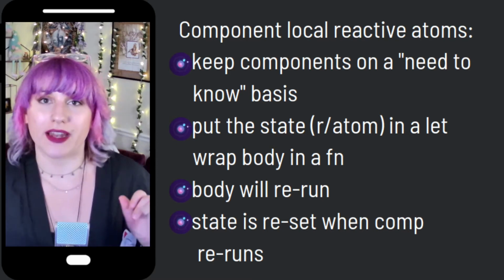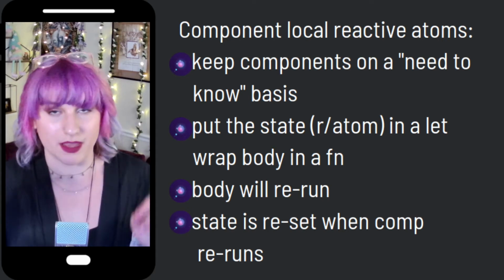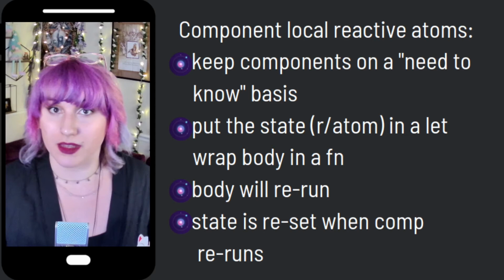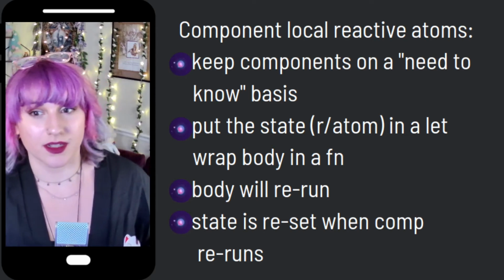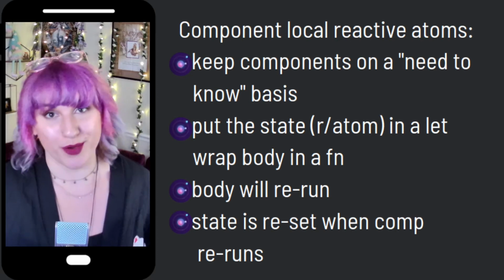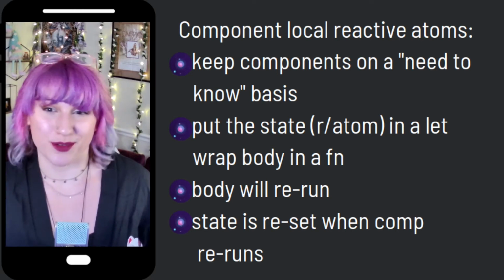So when that let changes, it will rerun the body of the function. This is valuable in very particular cases, and this is also known as a form 2 component. Okay, let's dive into the code again and I can show you what I mean.